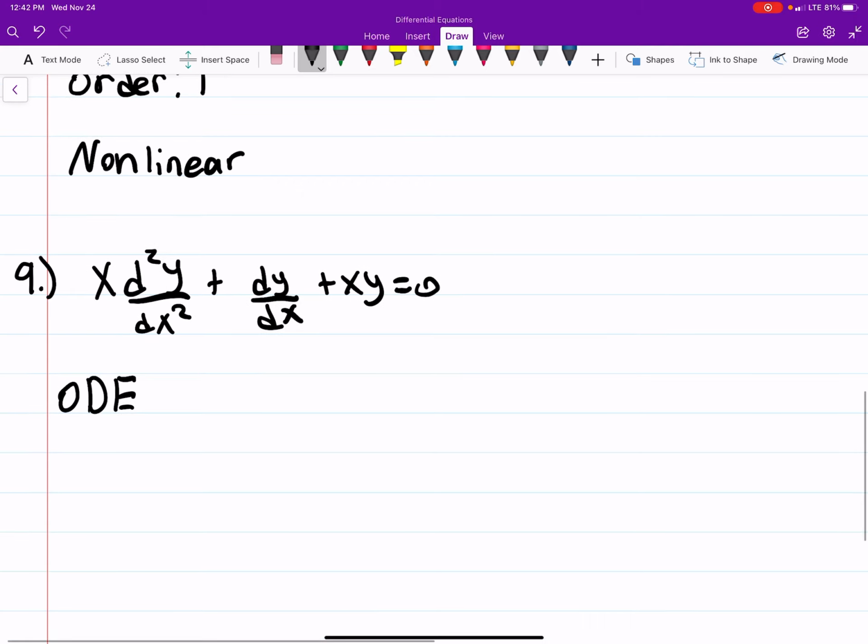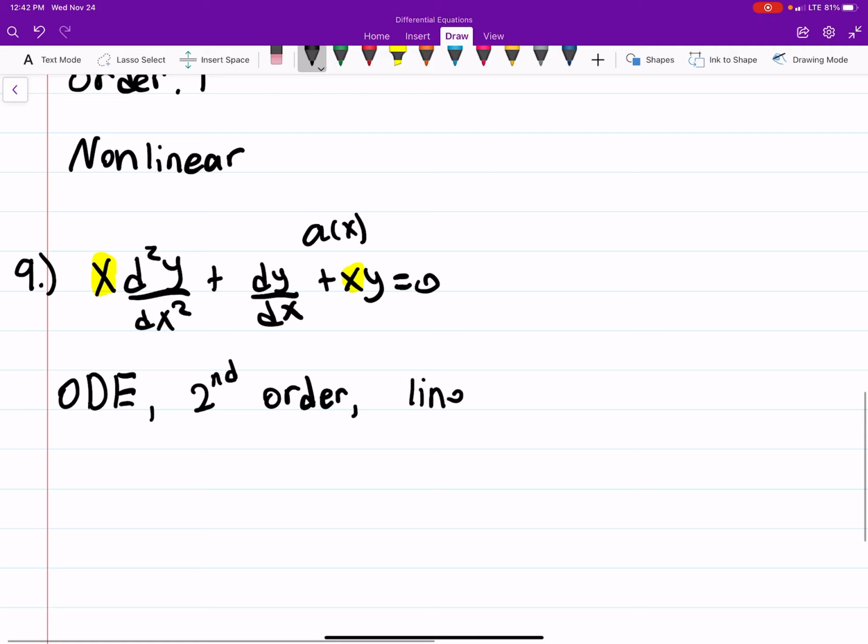It's a second order because of the second derivative. And is it linear? You have these terms out in front, but in the equation we gave, it was a function of x, which is fine. So we would say that this is linear. It's a linear second order ordinary differential equation.